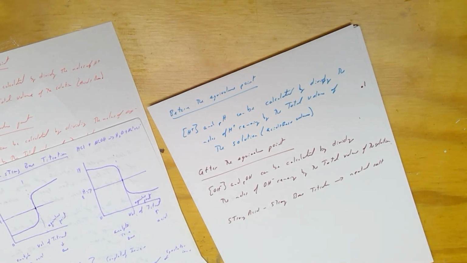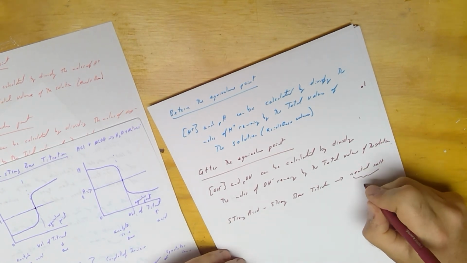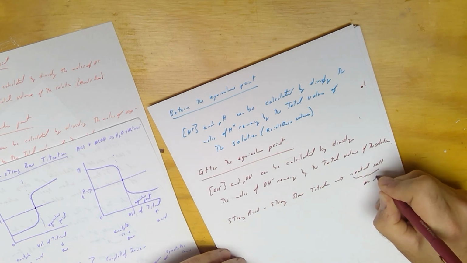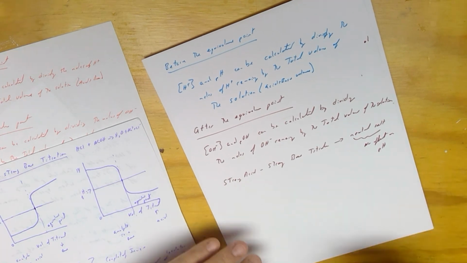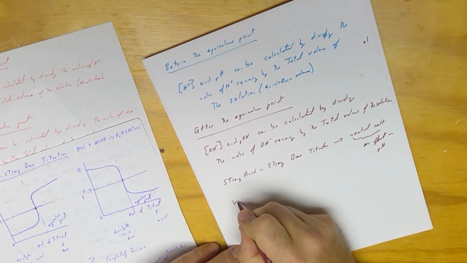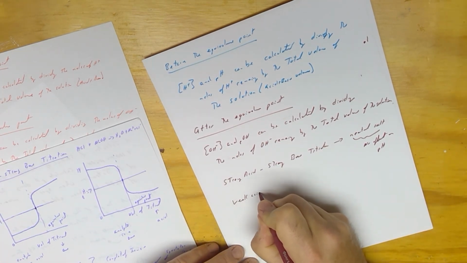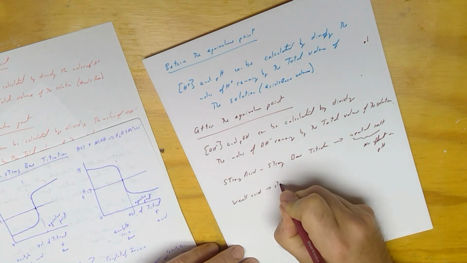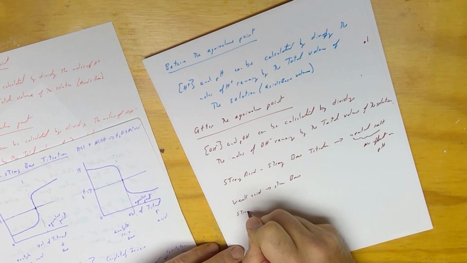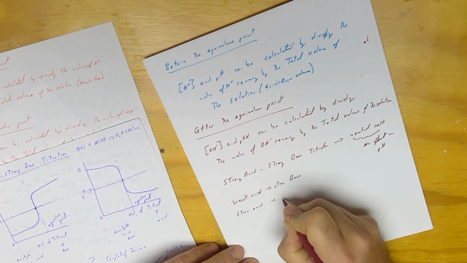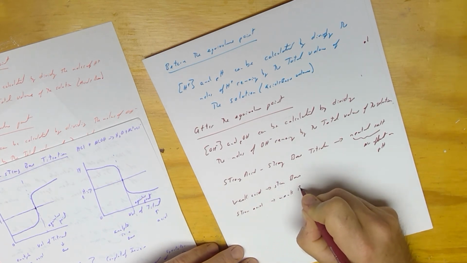It gives us a neutral salt, okay, which has no effect on pH. Next class, we're going to talk about weak acid, strong base, and strong acid, weak base titrations.